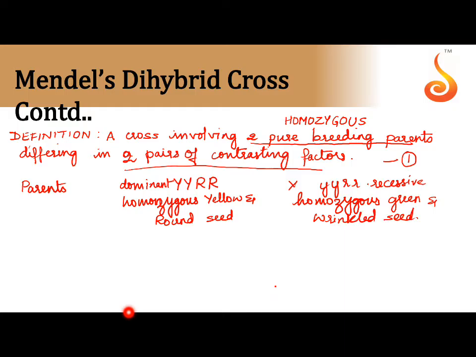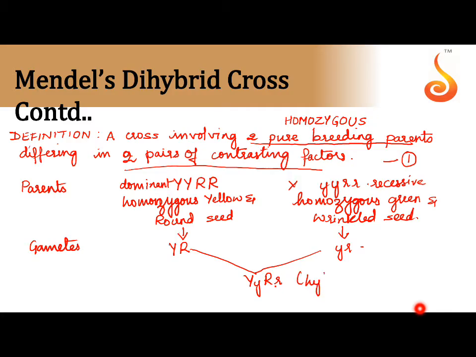So getting the parents right and then bringing down the gametes here. Gametes are always haploid, you should remember. Parents are diploid, so you have only capital Y, capital R here, and in this case you have small y, small r, and we are going to cross it. So capital Y, capital R, small y, small r, we get a hybrid.